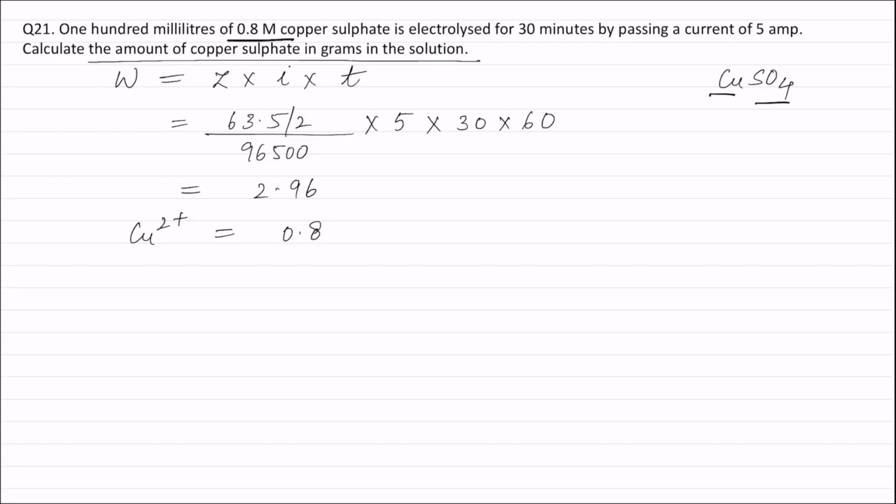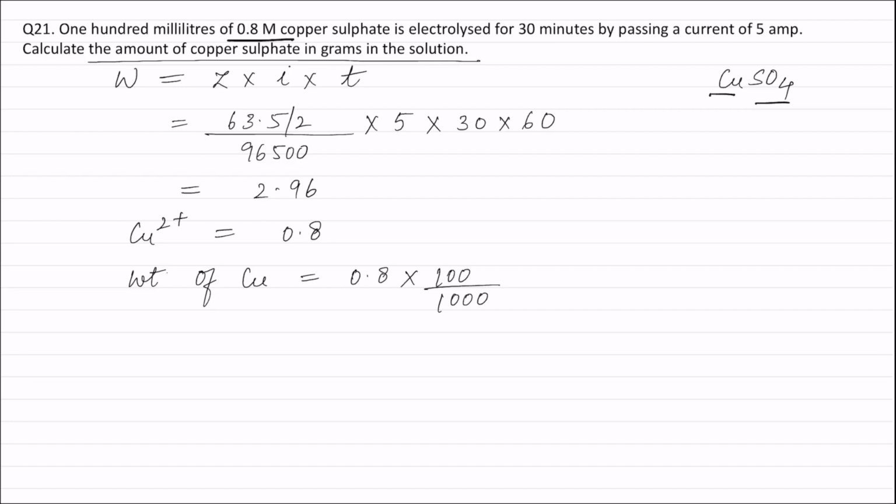Now from this, initially the moles of copper present in the solution will be equal to molarity, that is 0.8, into volume in liters, that is 100 divided by 1000 liters.